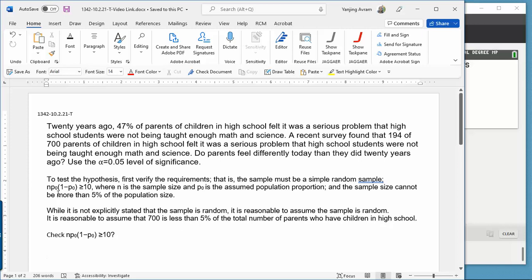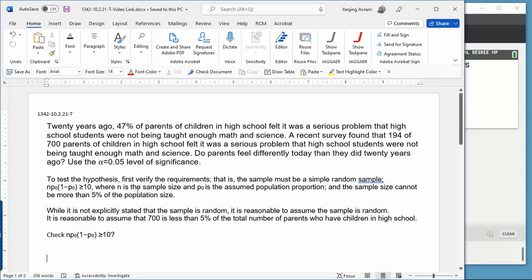To test the hypothesis, first we have to verify the requirement. The requirement here is the sample must be a simple random sample, and n times p naught times 1 minus p sub 0 has to be greater than or equal to 10.